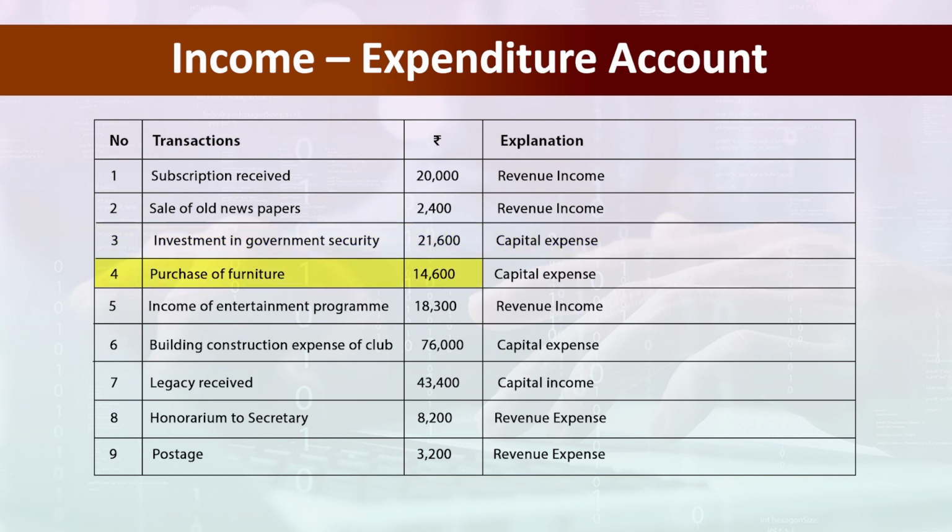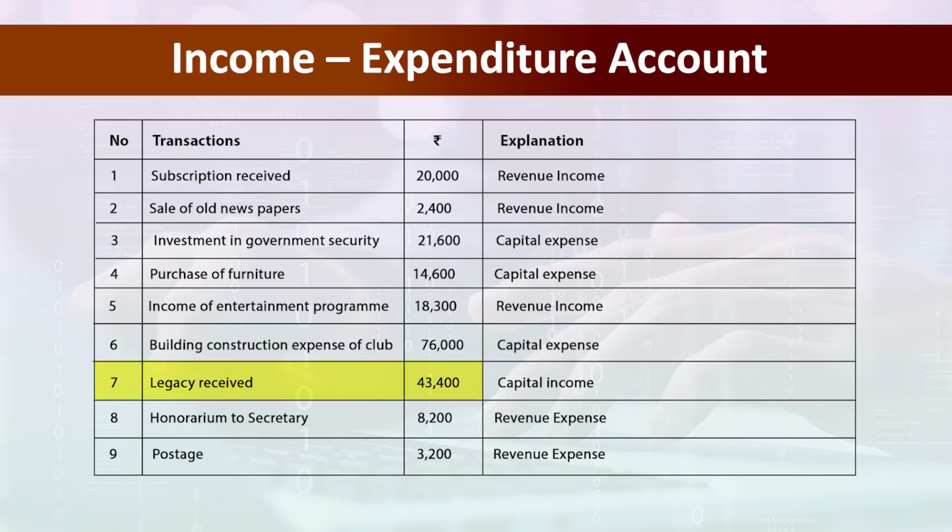Purchase of furniture of rupees 14,600 is a capital expense. Income of entertainment program of rupees 18,300 is a revenue income. Building construction expense of club of rupees 76,000 is a capital expense.